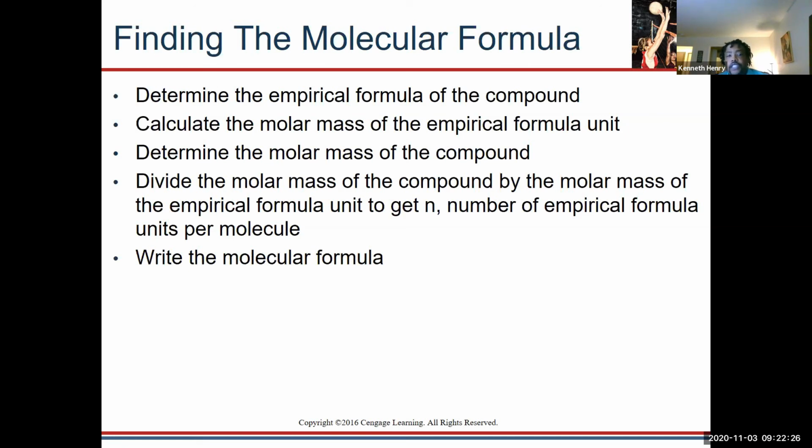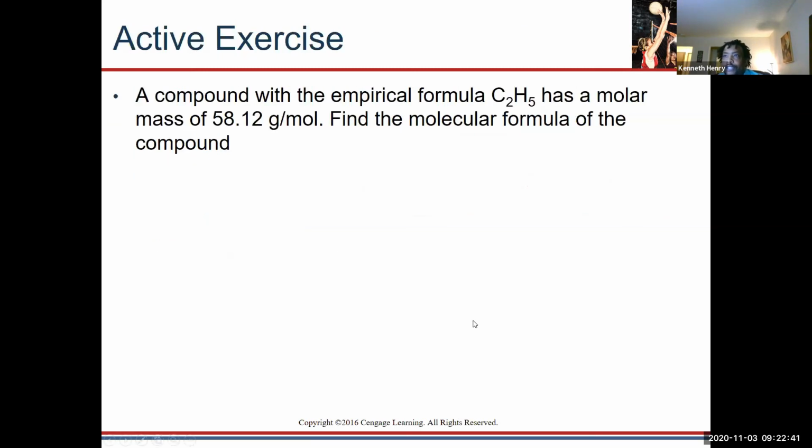That's going to give us an integer to multiply our empirical formula by to get our molecular formula. You're probably at this point saying, what did he just say? That's okay. Let me give you an example.